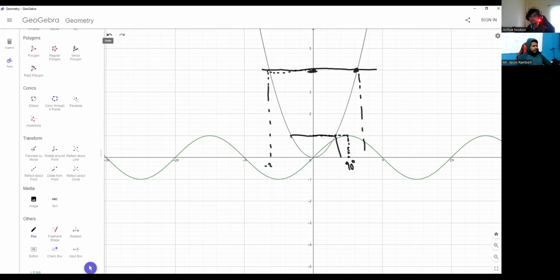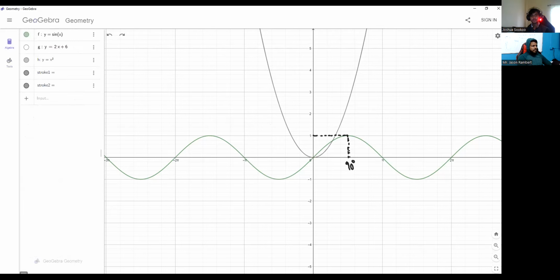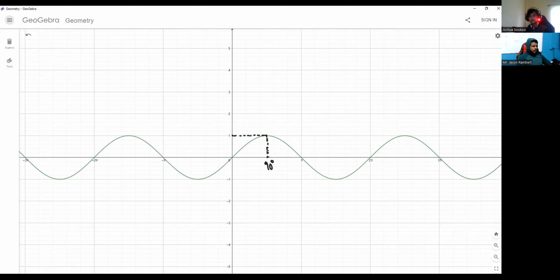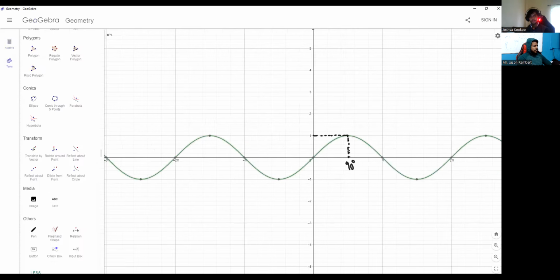If I work in the same frame of mind for my trig graph, and I want to know how many values give me 90 degrees or something like 90 degrees, if I keep going across, I can see this value here also gives me a y value of 1.